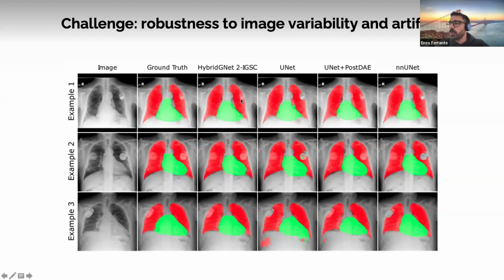And if you look here, for example, where you have this pacemaker, you will see that our model is including that in the lung, while other models are not. That's because our model has a strong anatomical prior. It may be useful or not, depending on the type of task you are solving. But for us, we wanted the complete masks of the lung, and our model is very good at that, because it imposes very strong priors based on the generative models we have on the decoder part.